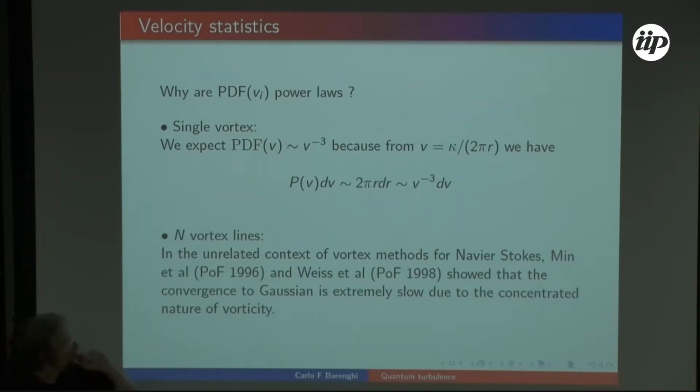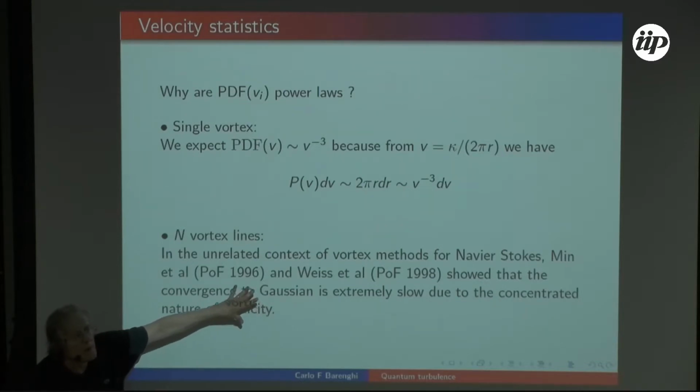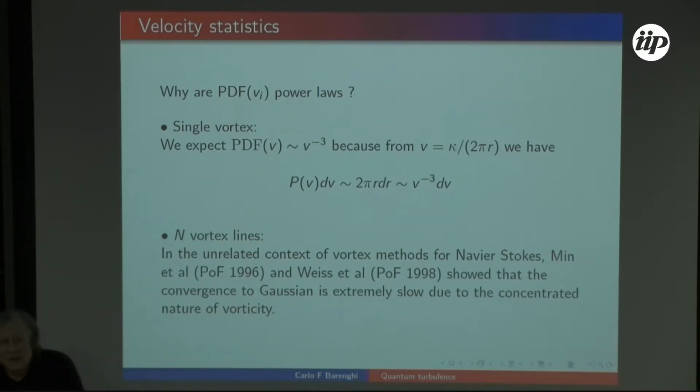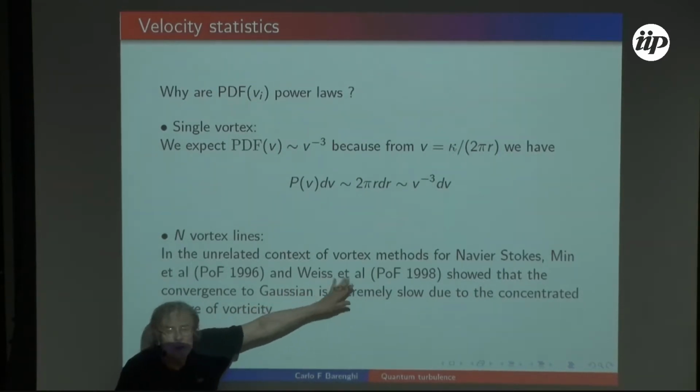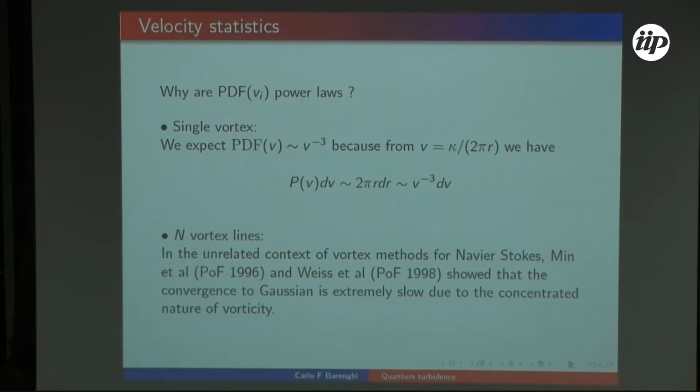In other words, the power laws are the manifestation of the very concentrated nature of the quantum vorticity. We have vortex lines and we induce power laws, even when there are many. Now this paper and some other papers written at the time don't make a reference to superfluid helium. They're just papers of numerical analysis, but I think they contain the physical answer.